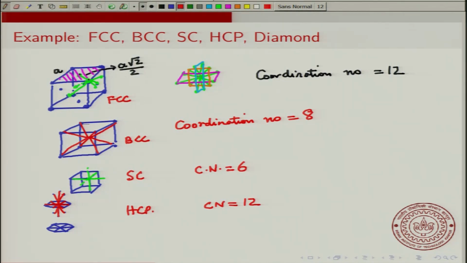So, coordination number is 12, okay, and you can show that indeed for each atom the coordination number will be 12. Okay. What about our favorite diamond cubic structure?